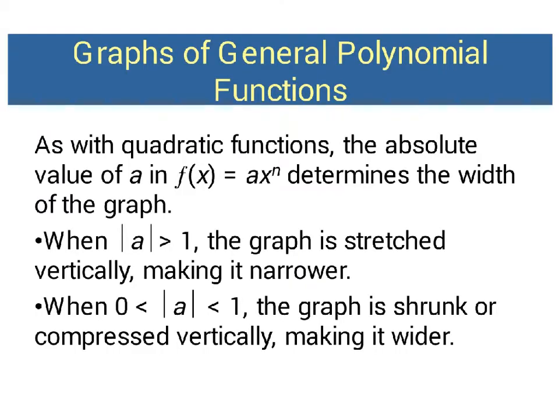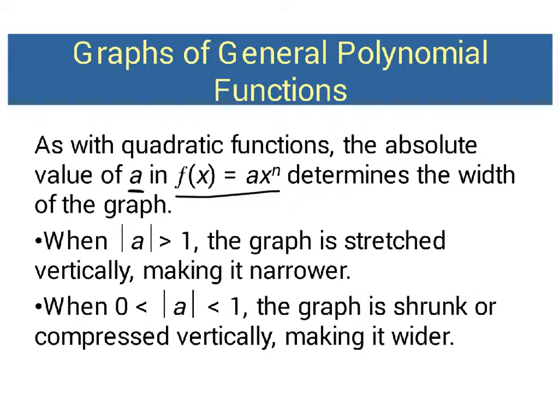So in graphs of general polynomial functions, the function that we are looking at right now is this right here. And to determine the width of the graph, how we determine that is this value of a. Just like in our other graphs, of not polynomial functions, but any other type of function.